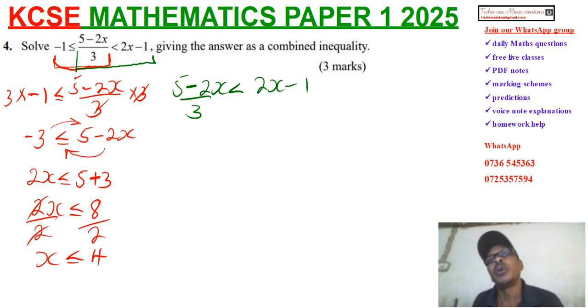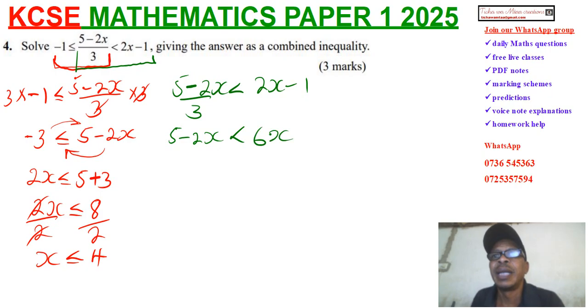We solve that and express x on its own, just like we have done with the first part. We multiply both sides by 3, so the 3 goes, and you have 5 minus 2x less than, you multiply 2x times 3, so that will give you 6x minus 3.